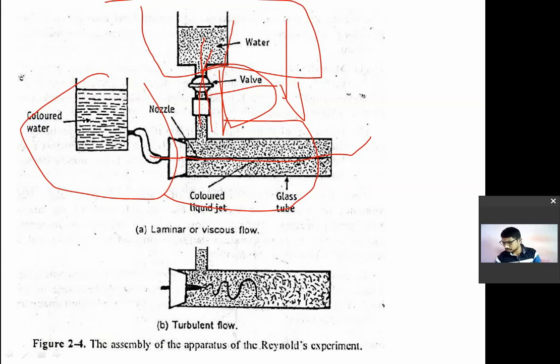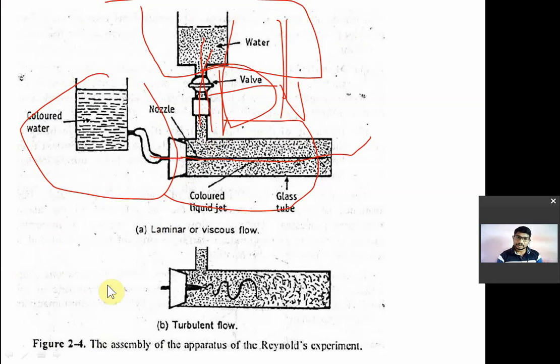But if you increase the velocity of water, or if you increase the rate of introduction of water, जैसे आपने वाटर का फ्लो यहाँ से इंक्रीज कर दिया, so what will happen? The water will be introduced into this glass tube at a higher flow rate.